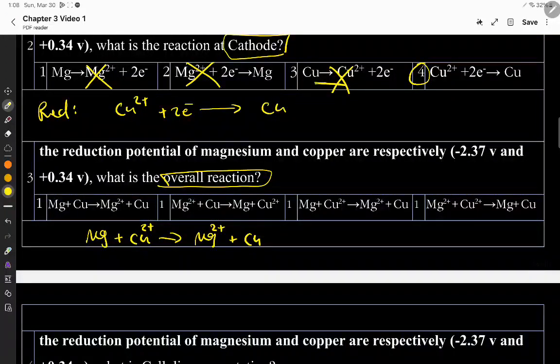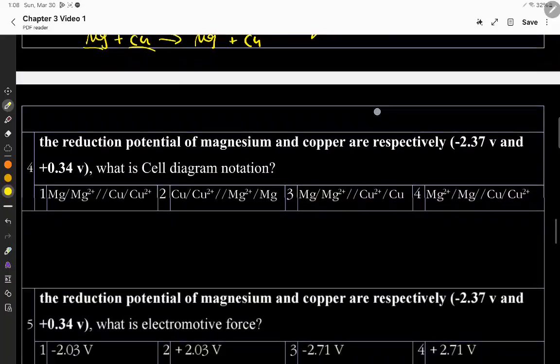It is better when you answer questions to do it before you read the choices. This way you will not be confused by the choices. So now, in which equation do we have oxidation of magnesium and reduction of copper? This one has no reduction of copper, no. This is oxidation of magnesium, and this is reduction of copper. So this is the correct answer. We're going to choose this answer.